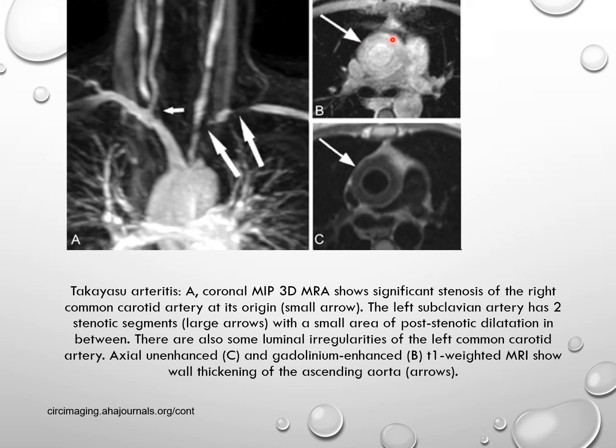And here you can see the wall edema and enhancement of the ascending aorta. Here is wall edema in a patient with Takayasu, and after gadolinium you can find enhancement of the blood vessel, suggestive of ongoing inflammation.